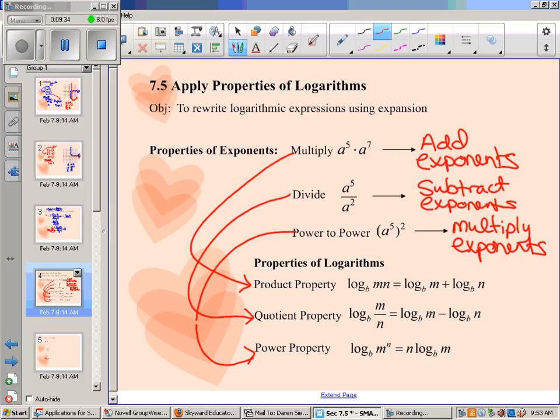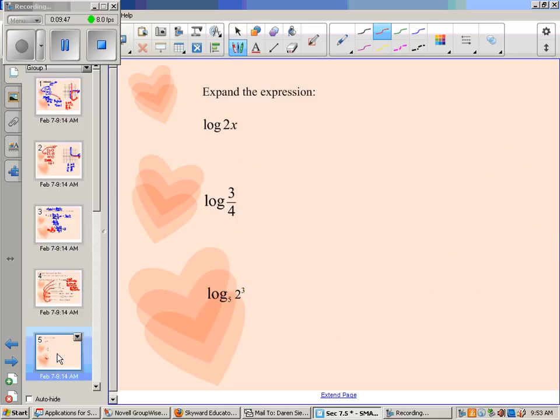Why do we do it? To be able to expand them into multiple statements so that we can simplify, or take them back into one statement, which is an easier one to simplify. So when I look at a problem that says expand the expression and I look at log of 2x, I got to say to myself, what's happening in that of part? What operation's happening here, the 2x?